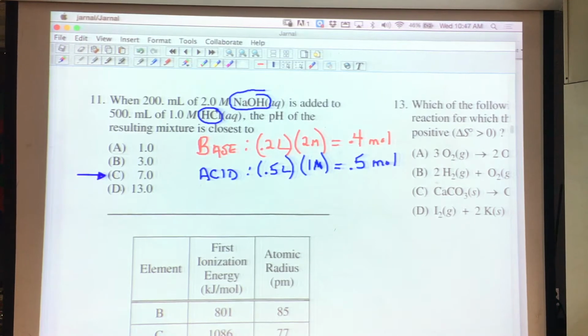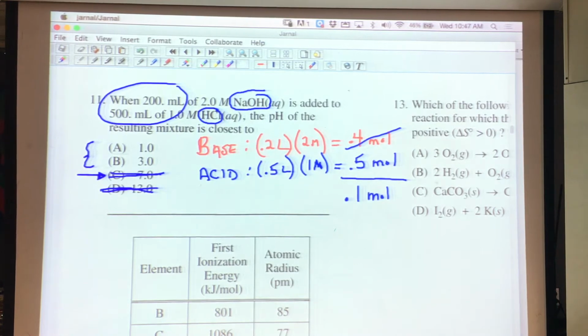So clearly, we're not going to be in a neutral pH because we don't have the same amount, and we're not going to be in a basic range. The question is, will it be 1 or 3? Well, what's left over? The base gets totally annihilated because there's enough acid to do so. So I have 0.1 moles of acid being added to what?